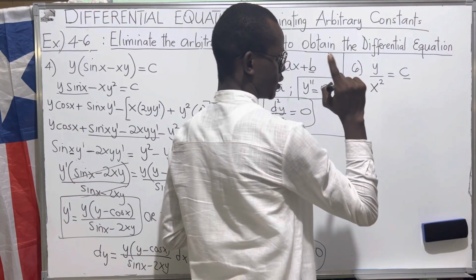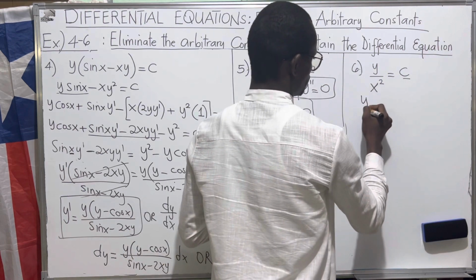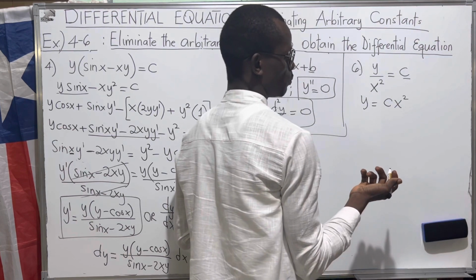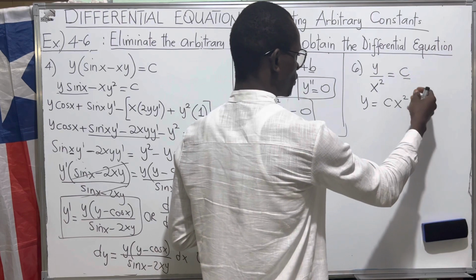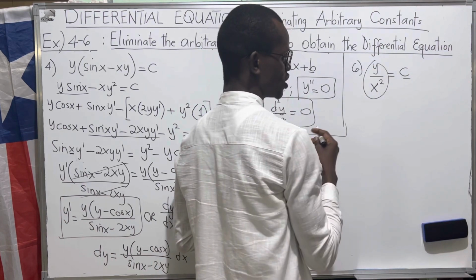This has one constant, so we must differentiate once. We can simplify this by saying y equals c x squared, or you just leave it like this and differentiate. Since c is already on one side of the equation, you can just differentiate using the quotient rule.